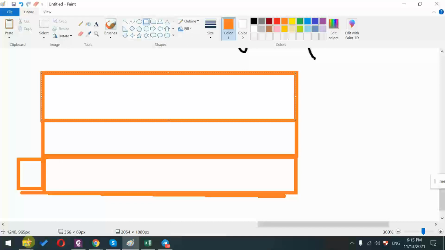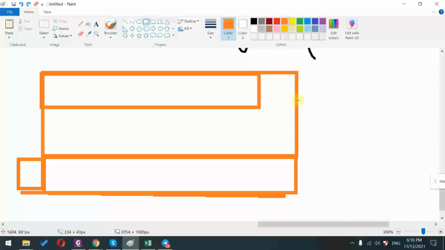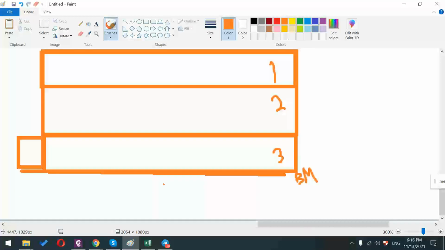Forget about this one, this is a mistake. So let's imagine that it is composed of 3 layers. Layer 1, 2, 3. So this is 1, this is 2, this is 3. This is the basement membrane, okay? And this is subcutaneous tissue, the underlying tissue, like the fat.